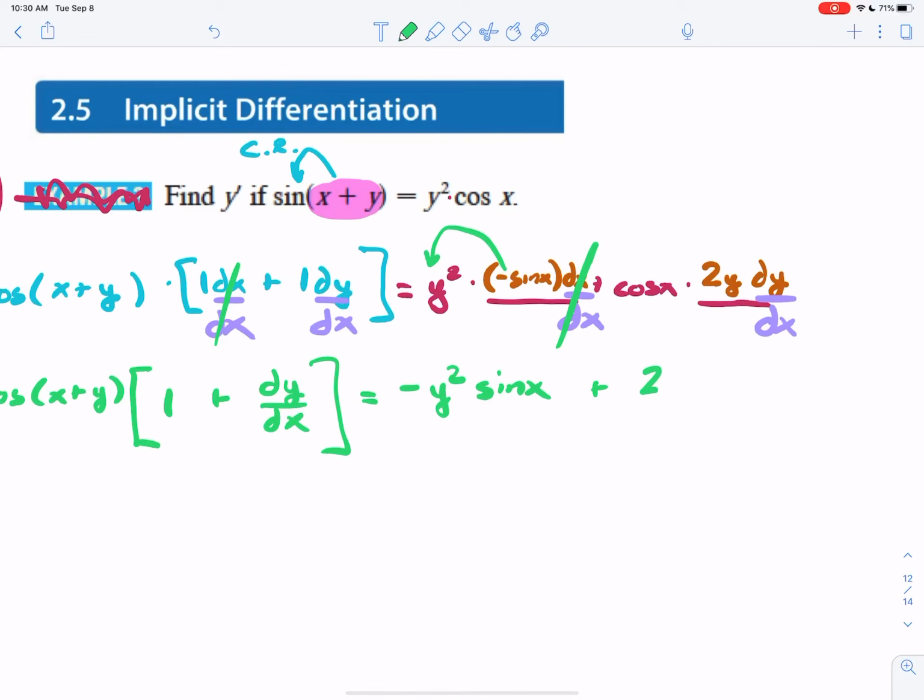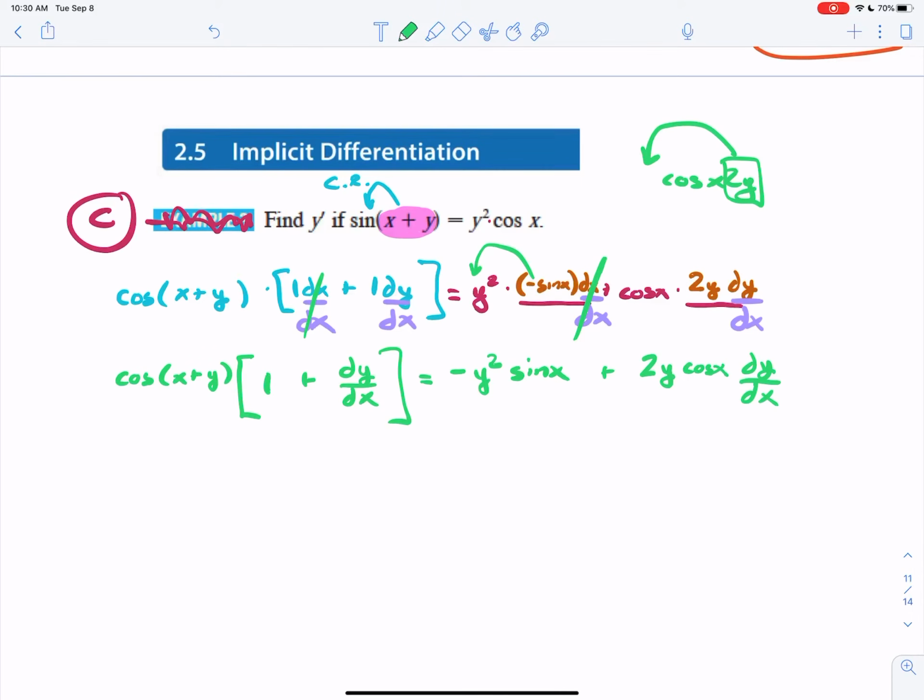Plus 2y cosine x dy/dx. Now, if you wrote cosine x 2y, that's fine. I like to just put the terms in the front and the trig functions last so we don't confuse it. Again, it doesn't matter how you write it.